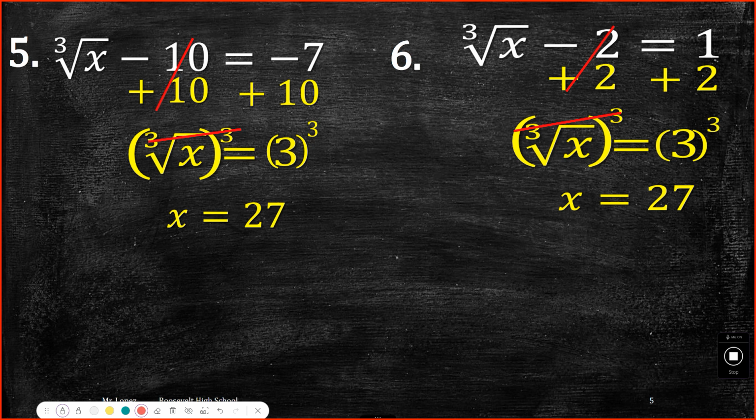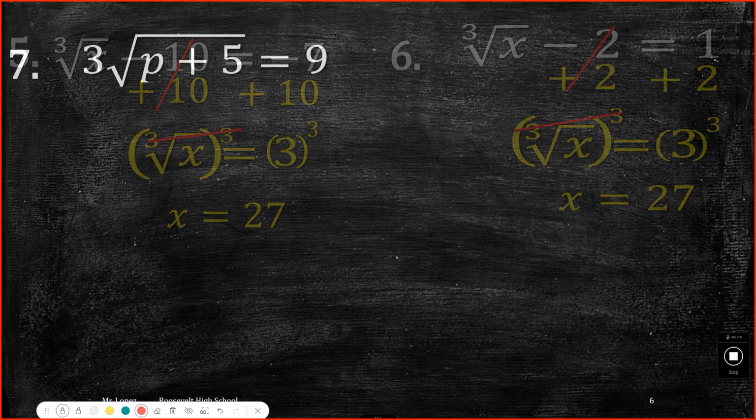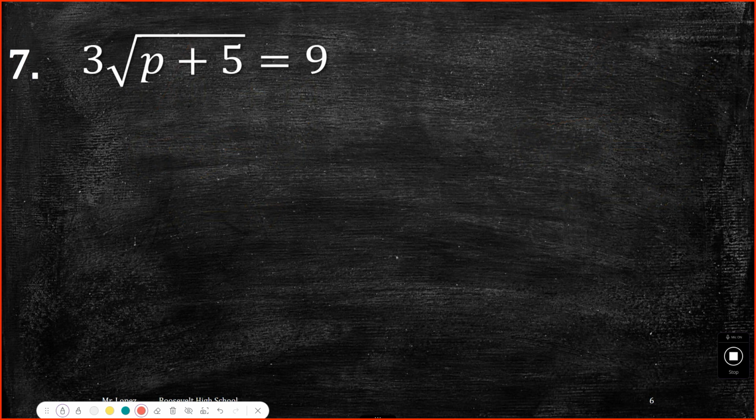Next. All right, problem number 7. What is step 1 here? You want to get the p by itself.